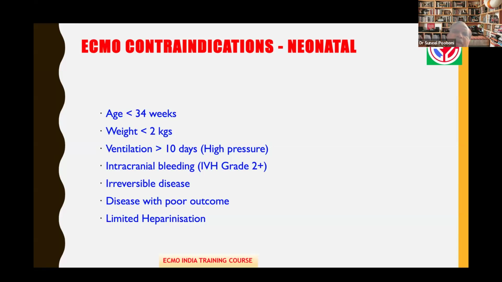Similarly, weight of less than 2 kilos; these are relative criteria, not absolute criteria. There are cases with 1.6 kilo also that we put on ECMO. They were grown-up babies, at least a couple of months old, and these things can happen as well.